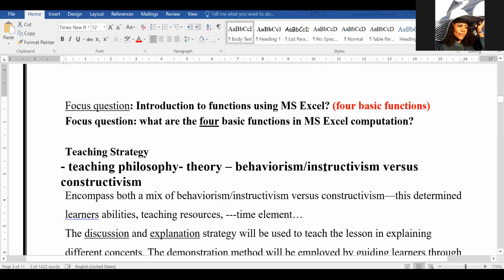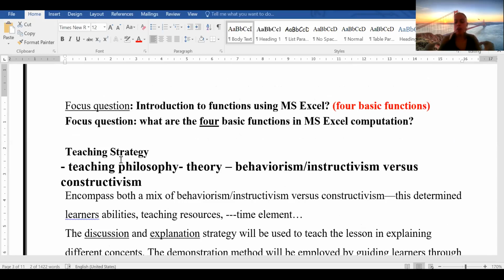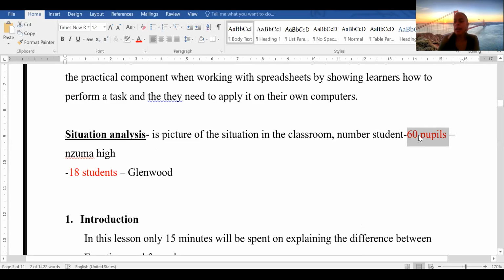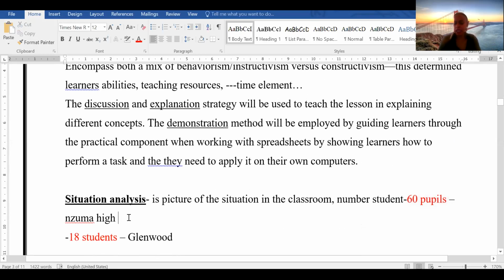I am not sure. Because constructivism involves learners. Constructivism is more engaging, more student-centered, more the learners collaborating. So even forming groups sometimes becomes a problem, and they don't even have enough computers. So the teacher might be forced mostly to do instructivism.